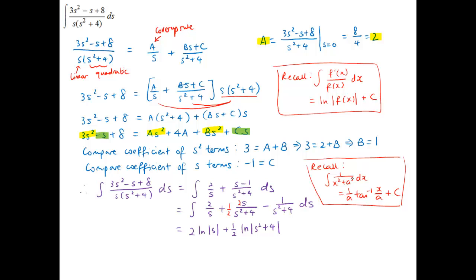Instead of the constant a squared, I have a 4, which means that the value of a is 2. So this part becomes 1 over a, which is 1 over 2, tangent inverse s over a plus c. That's the answer.